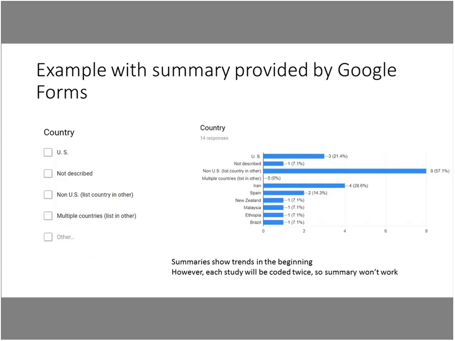I wanted to show the researcher what they would get by using Google Forms. So I took this one question that I had on my form where I had no idea what the countries were going to be, what the patterns we were going to see. And so I said, well, I know we could label things as US and not US.